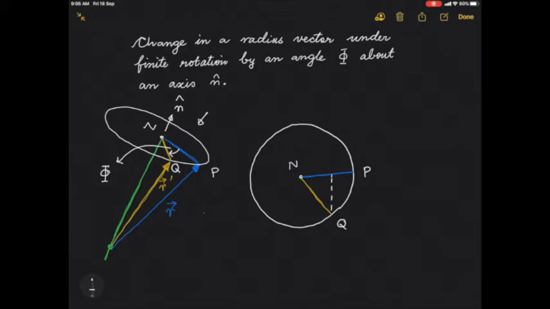So this is my P, this is my Q. I draw a perpendicular on this line, and I call this position V. So this is perpendicular, I call this position V. This, if you remember, is phi, this angle, and imagine that this point is S. Okay. So this is the geometry.